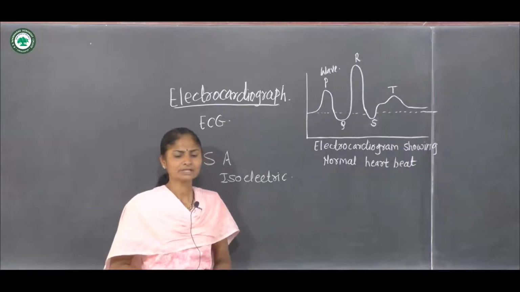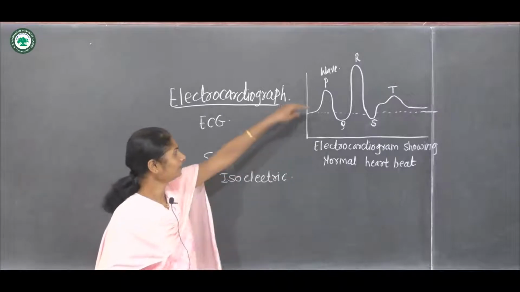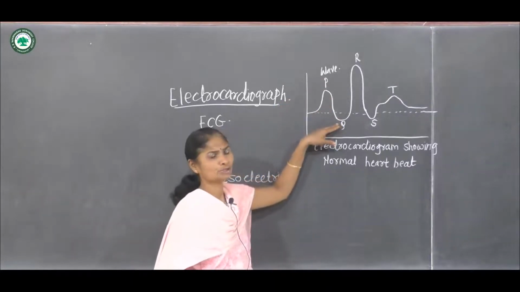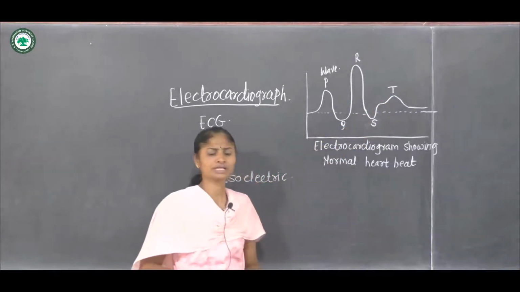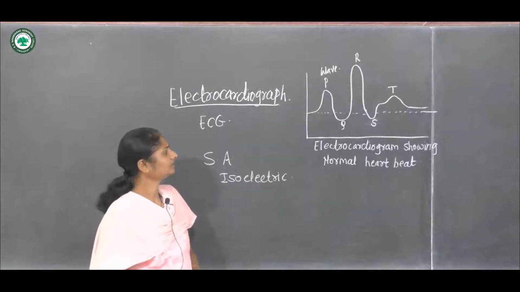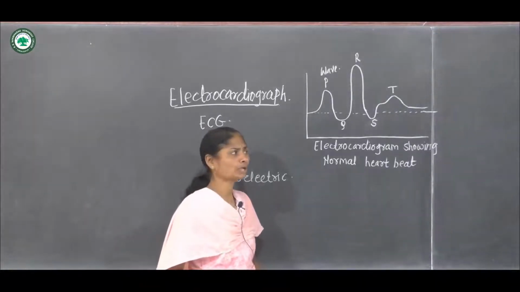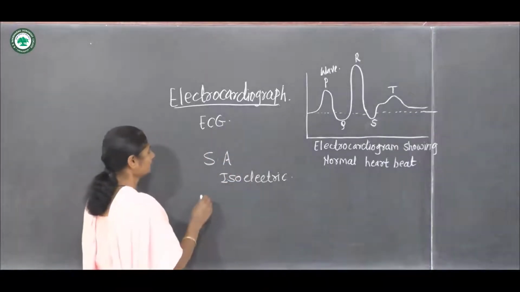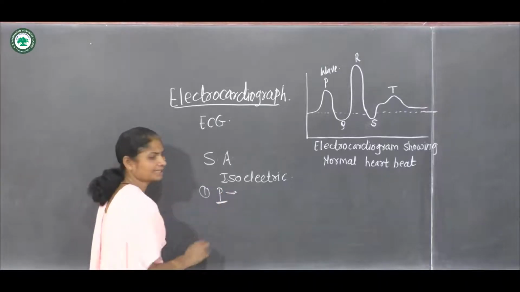The short period is between P and Q, so PQ is the short isoelectric period, and ST is the long isoelectric period present in the ECG.